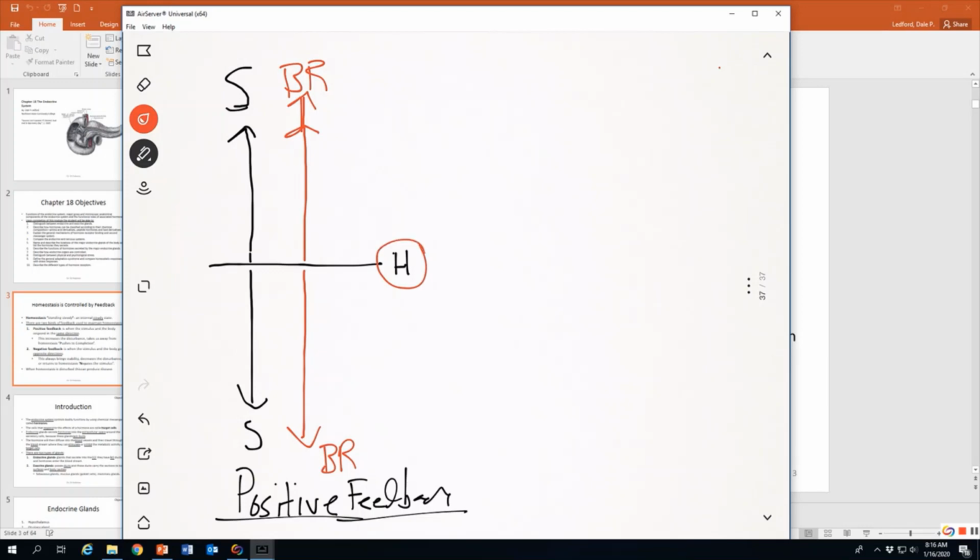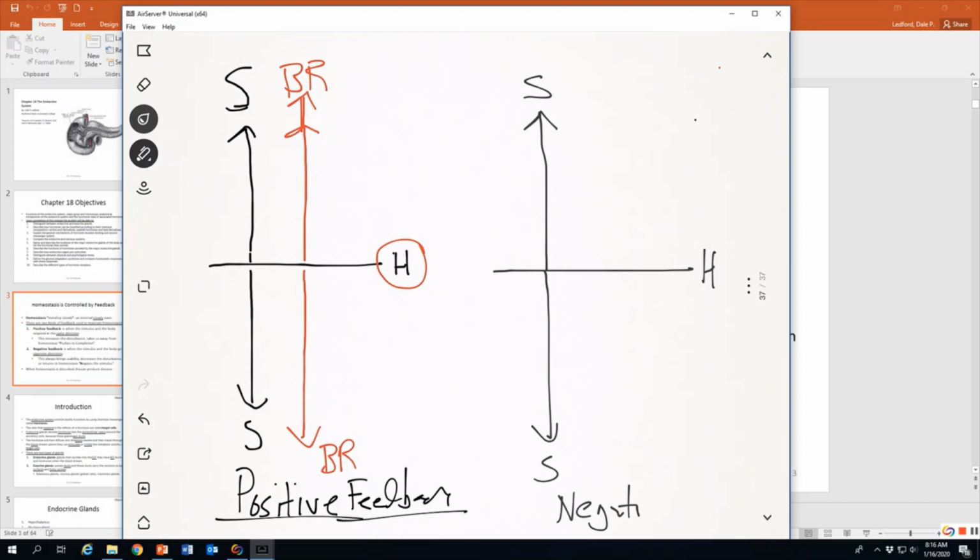Now, the opposite to that, if I had a homeostatic value or range here, and you were to have a stimulus that was the change in something being regulated, whether it went down or went up, it's still a stimulus. If we were to see a negative feedback, I'm going to abbreviate it FB just to make it easier to fit on the screen, here are the two stimuli.